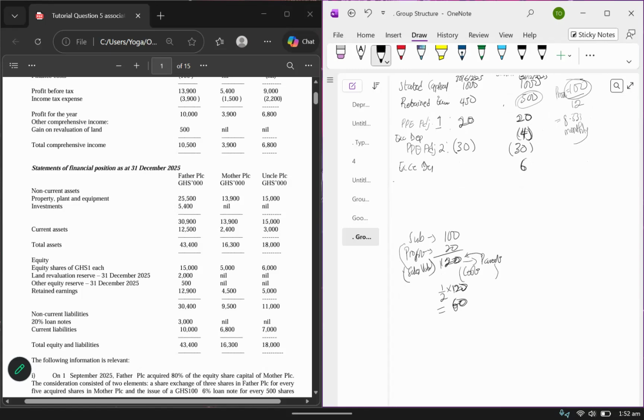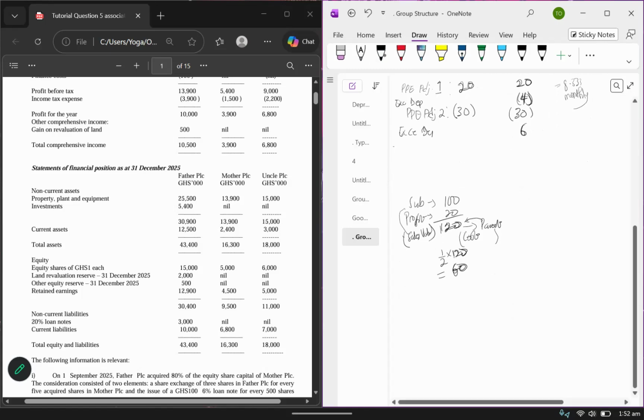So that portion will be 20% of that. So you have 10 of that profit in here, 10 plus 50, giving us what? The 60. Okay, so this is the profit still in what? The parent's books. And then this is what? The actual cost that the subsidiary acquired the goods at. So they are having half in their books.